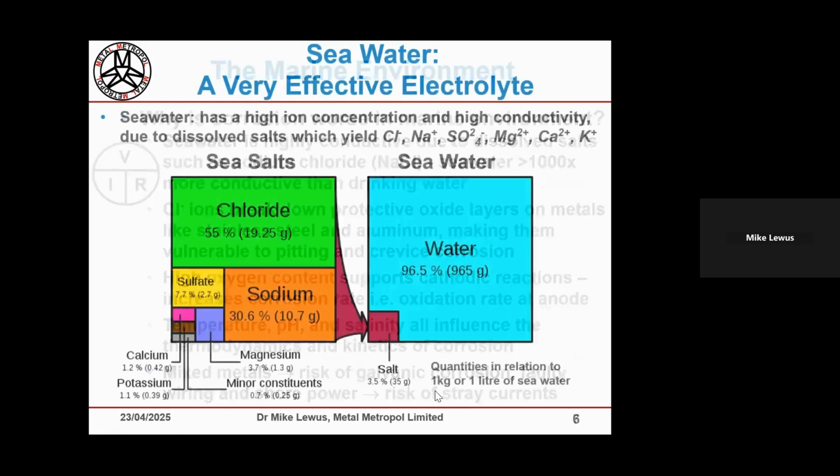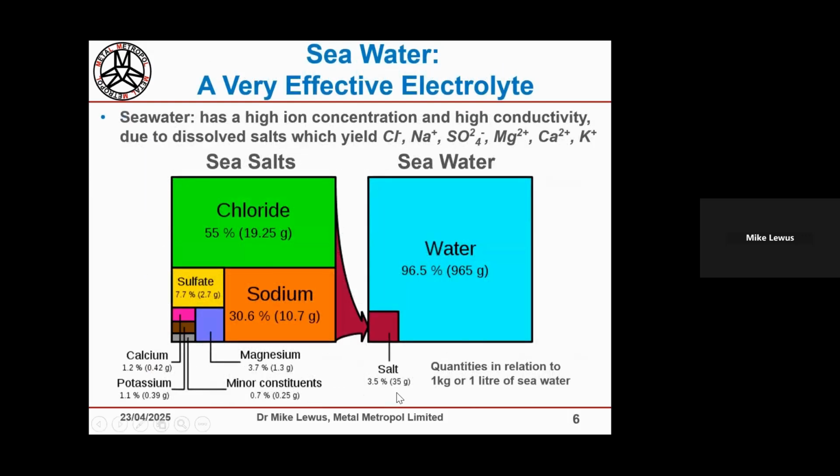In fact, if I go back to that, there's just a point here I was going to make: in 1 kilogram of seawater, we've got 35 grams of chloride. That's the same as 35,000 parts per million chloride.